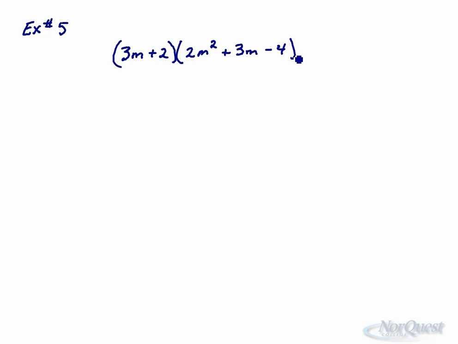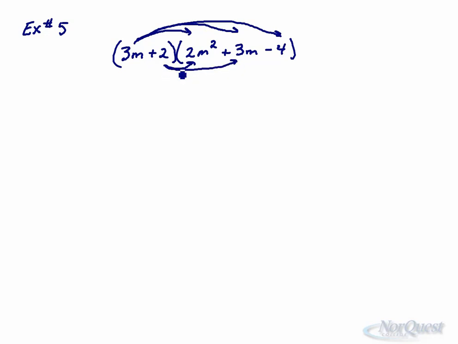Now you might be thinking FOIL, but you can't really FOIL because FOIL's only for a couple pairs of binomials. But what you're going to do is distribute the 3m to every single term, the 2 to every single term.